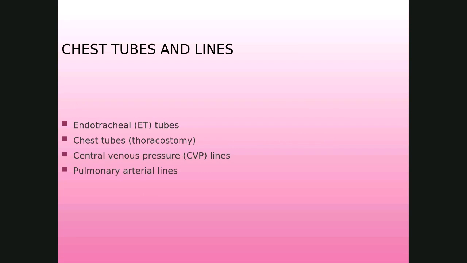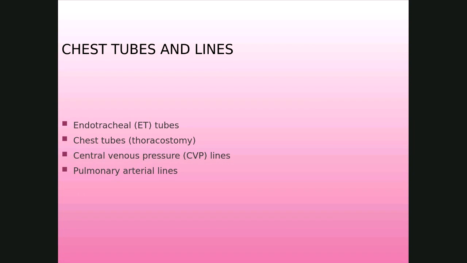Then we move into chest tubes and lines on page 178. Collectively, anytime we are doing imaging for tubes or line placement, we are always going to be asked to take a line placement confirmation radiograph.